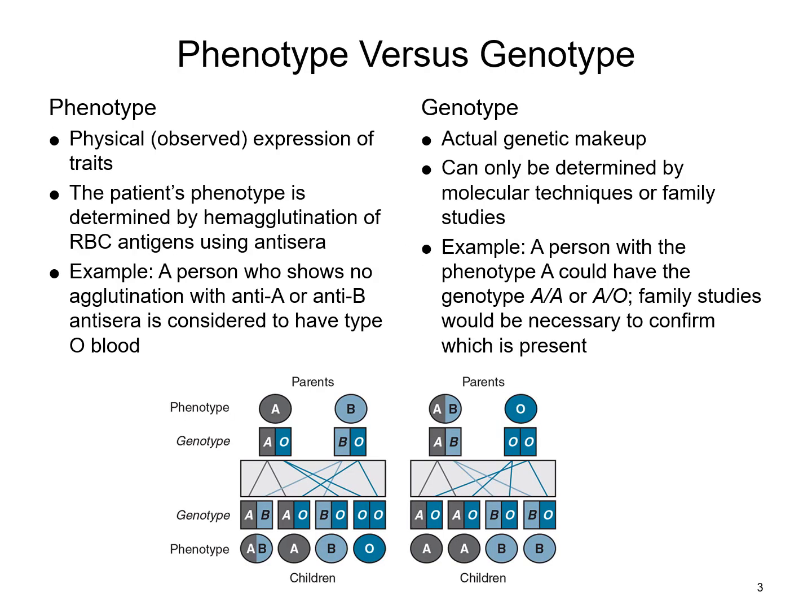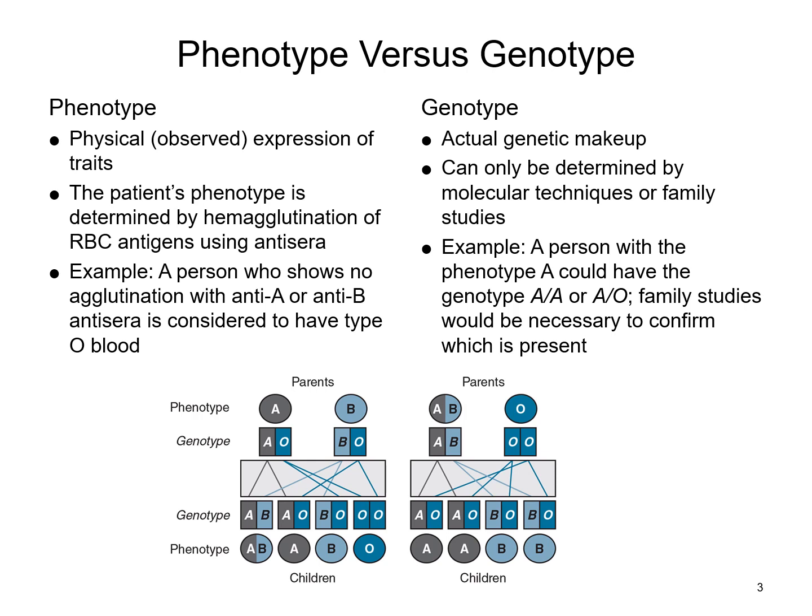Now, what is a phenotype versus a genotype? Well, a phenotype is the physical, observable expression of those traits. In the blood bank world, the patient's phenotype is determined by the hemagglutination of the red blood cell antigens when we look at how they respond to a known antisera.